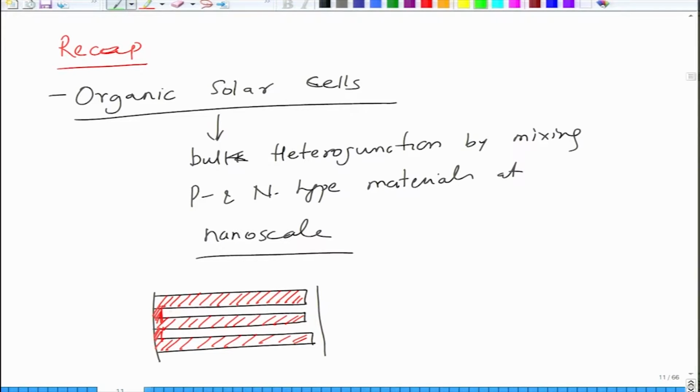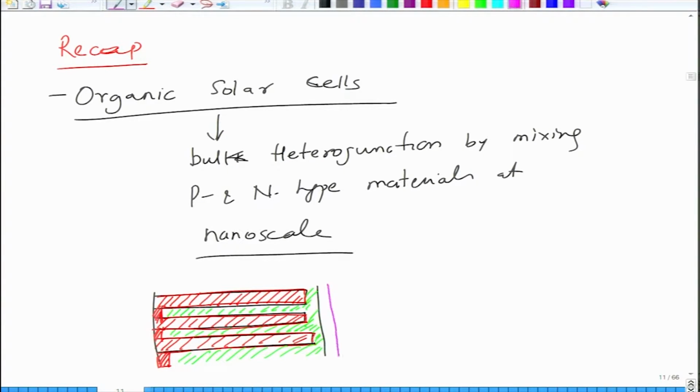You can say this green one is the other phase. So you have one phase making good contact with the cathode and the other phase making good contact with the anode. This is the ideal picture. It will not always work like this, but this is the desirable aspect.